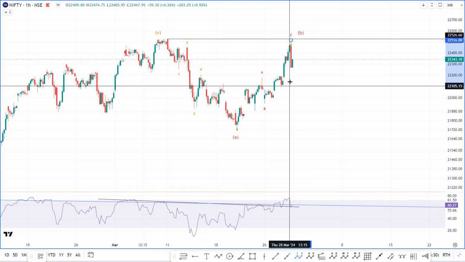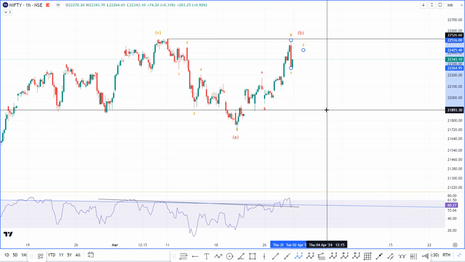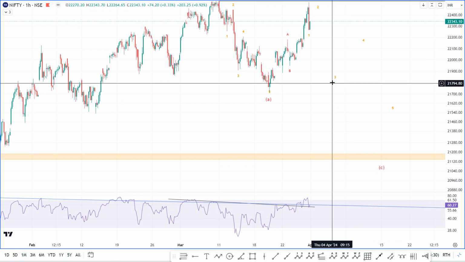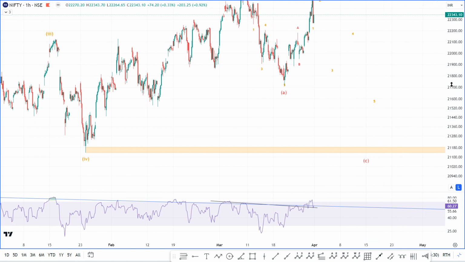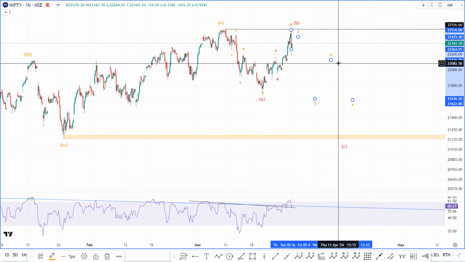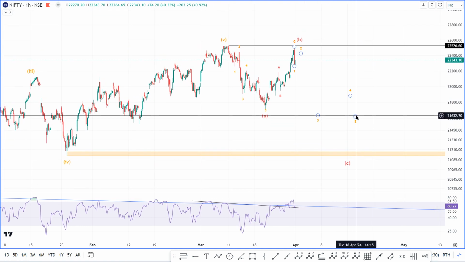It can be like this. This is the first wave already completed. This can be a second, then the third, then the fourth, and then the fifth. This is the third, this is the fourth, and this is the fifth.